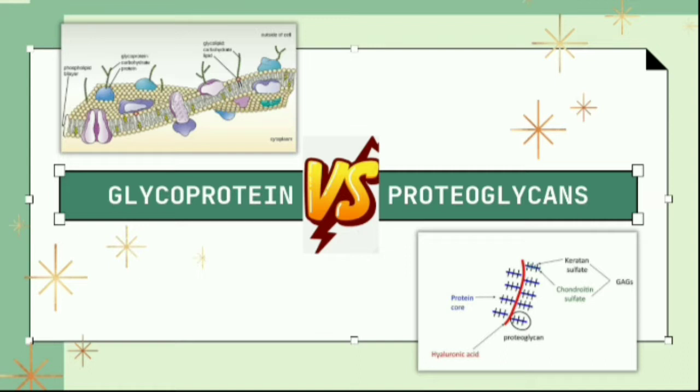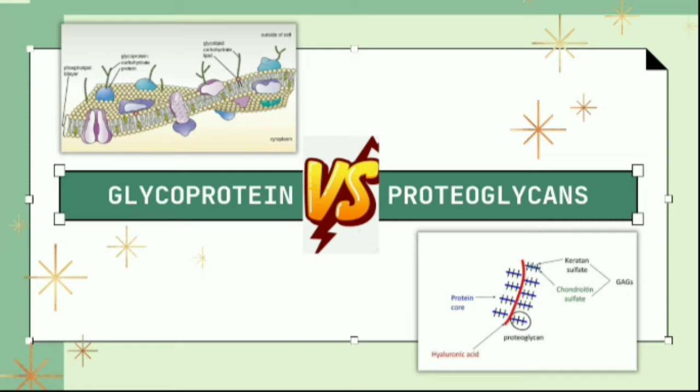So first, let us discuss the glycoprotein. When it comes to the definition, a glycoprotein is a protein with a sugar attached to its structure, whereas the proteoglycan is a protein molecule containing many bound glycosaminoglycan chains.